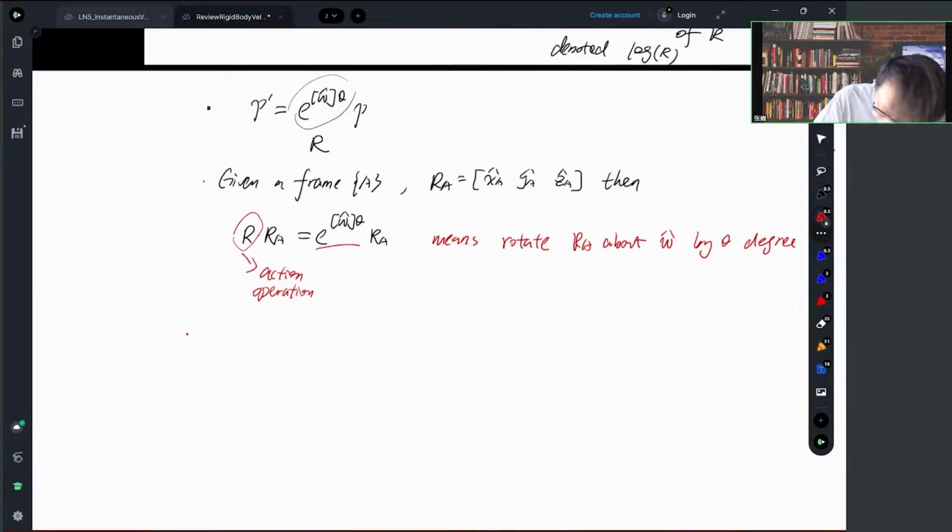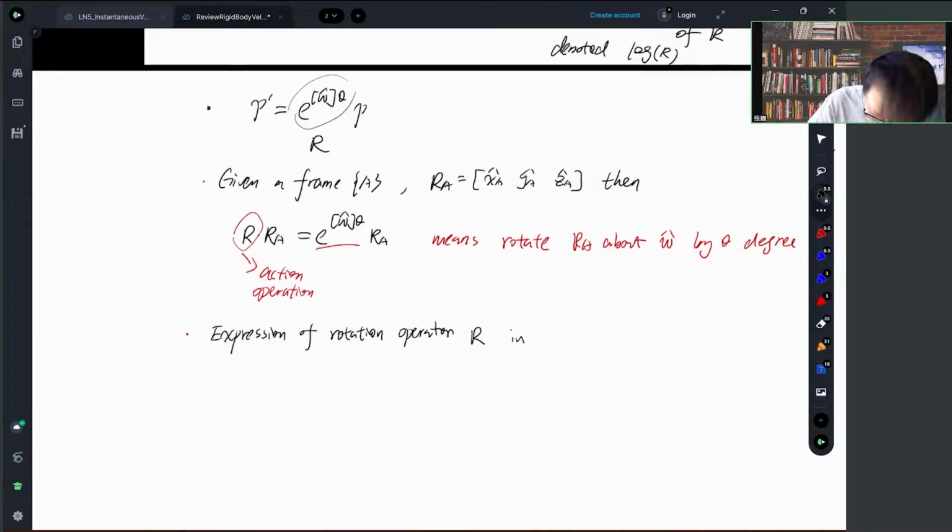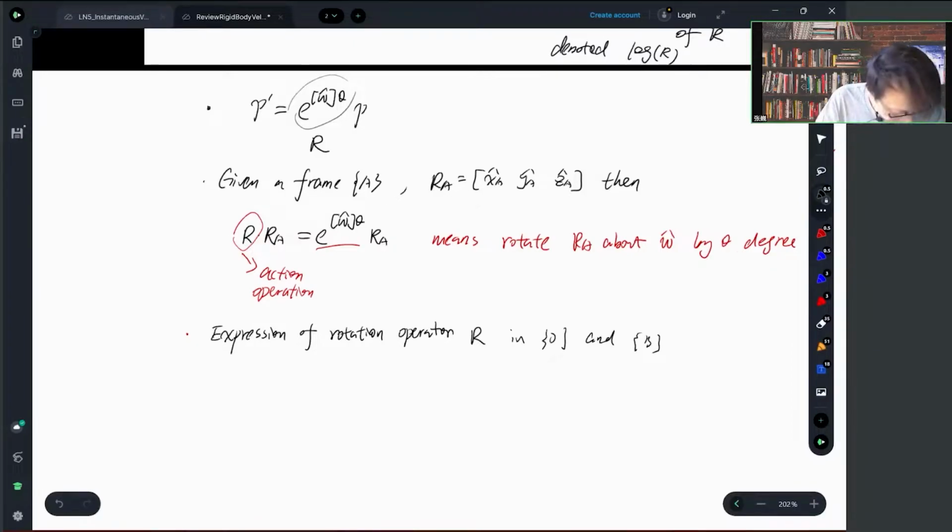The expression of rotation operator R in, let's say, frame O and in frame B are related.